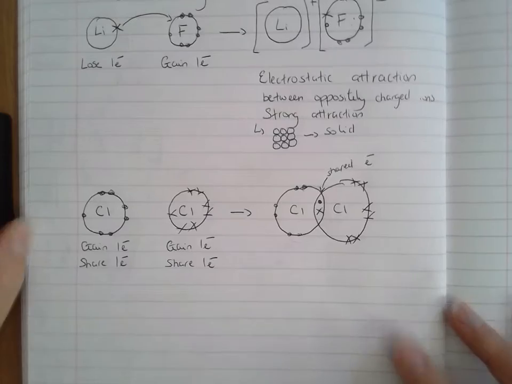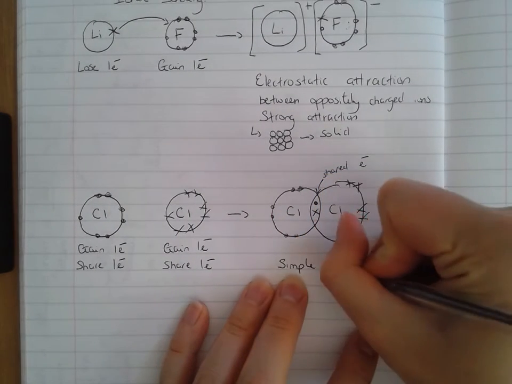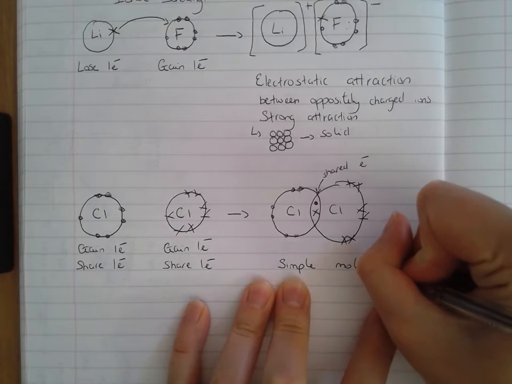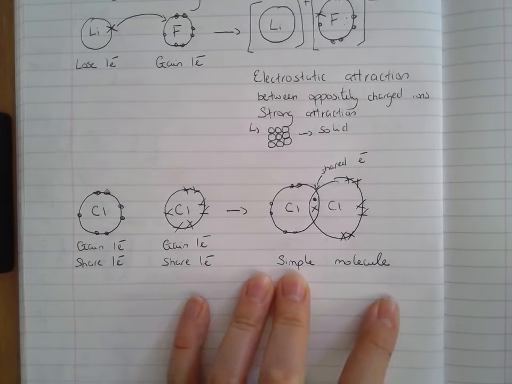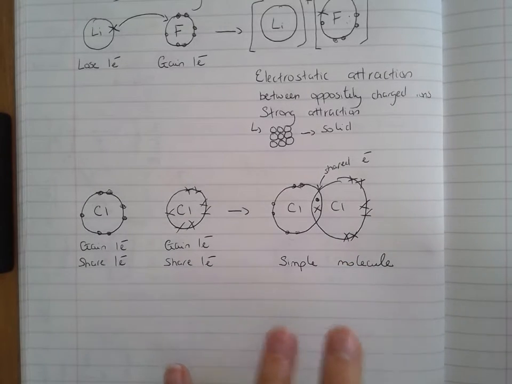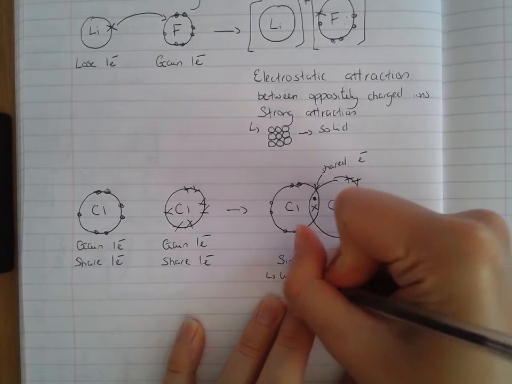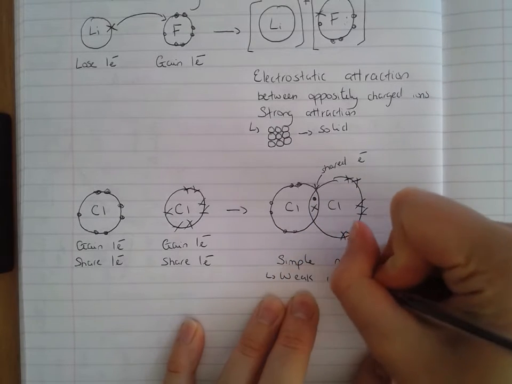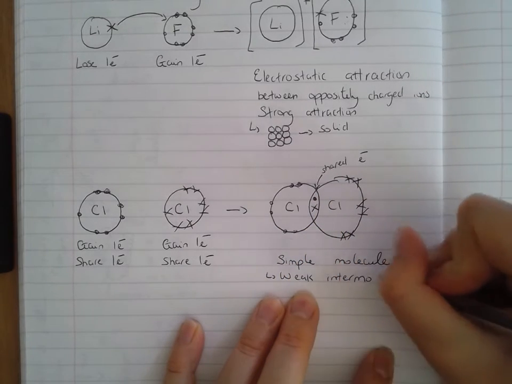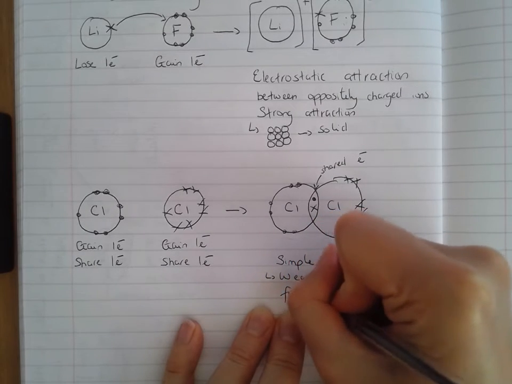So I'm going to write this underneath: this is a simple molecule. Simple molecules are held together by weak intermolecular forces. It's the only weak force we look at. Weak intermolecular forces hold simple molecules together.